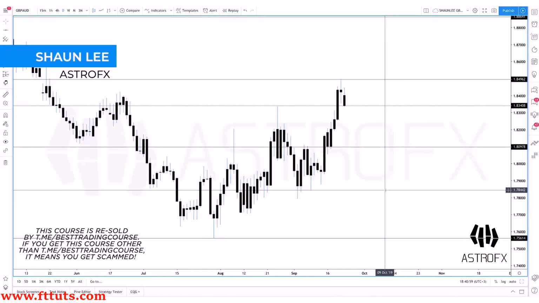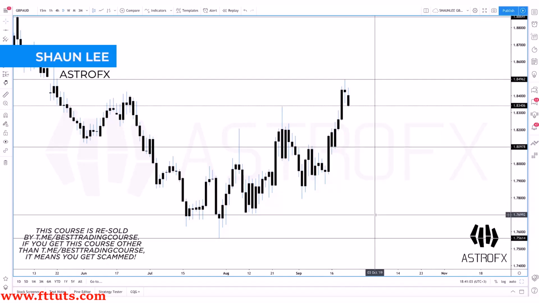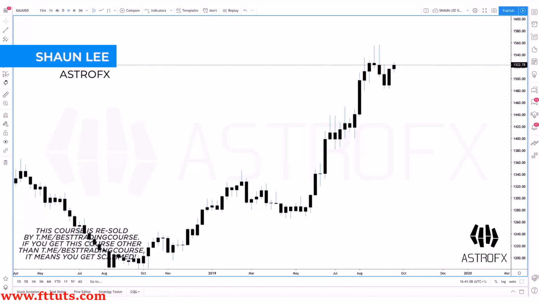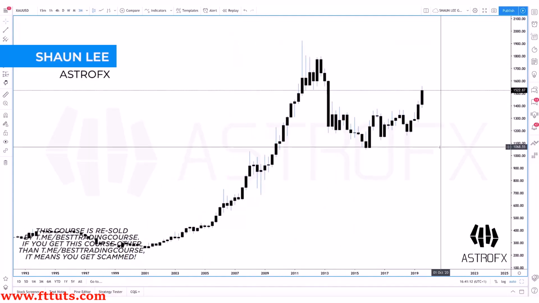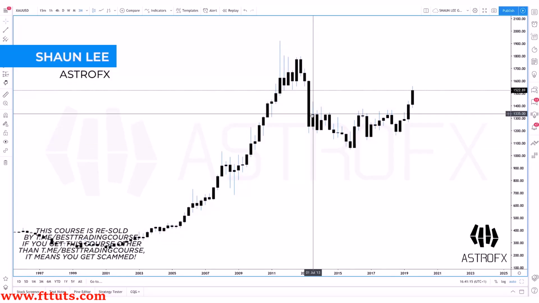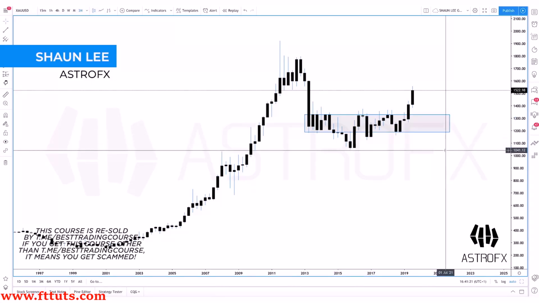Before I go into daily structure and throw in a few things on the daily chart, let's go into gold. So going into gold, quarterly. Look at this bad boy on the quarterly. Looking at this range, just as a quarterly piece of analysis, that range has been smashed out.